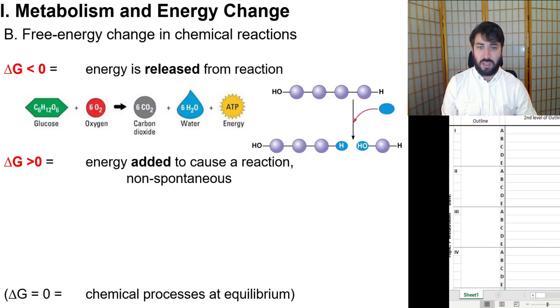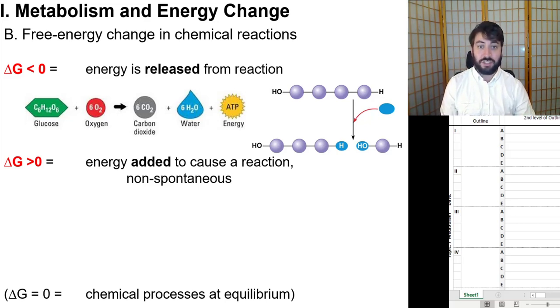Now, if we're defining it as how much energy is in the system, I like to think of it as how much energy is in the molecules we're considering. For example, there's now a lot less energy in the carbon dioxide and water than there was in the original glucose, because the energy has been functionally converted into ATP.